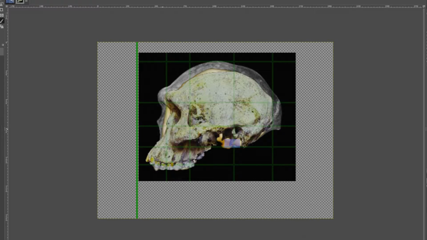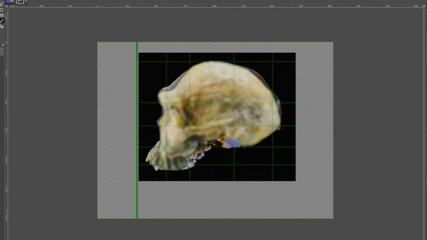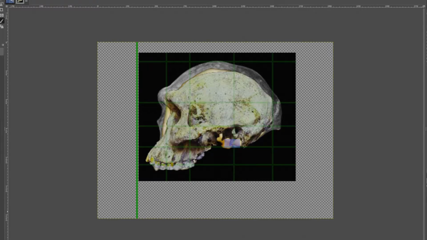Right here. And to me, what that potentially indicates is that it's an integrity problem with the other one, especially considering we also have the loss of a posterior zygomatic in our other one. So what that says to me is we might actually have a slight nose bridge in both the Dmanisi specimens that's only visible in this one.